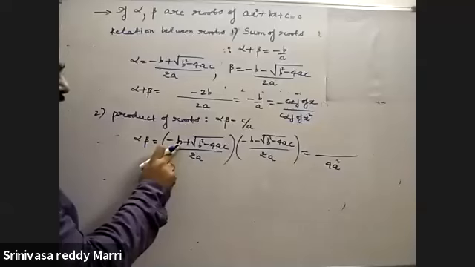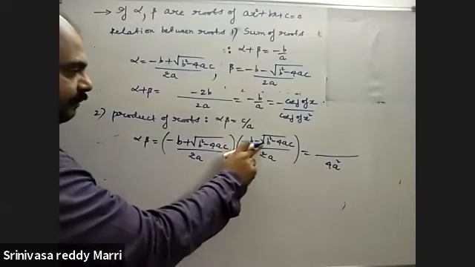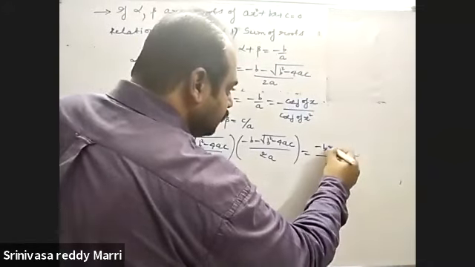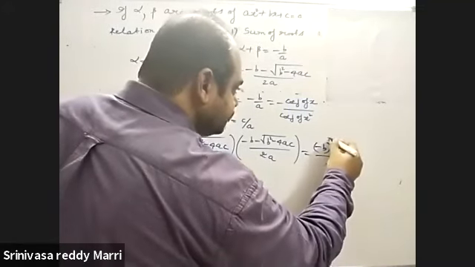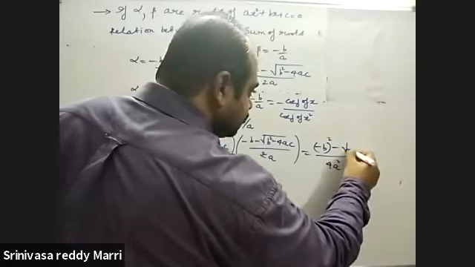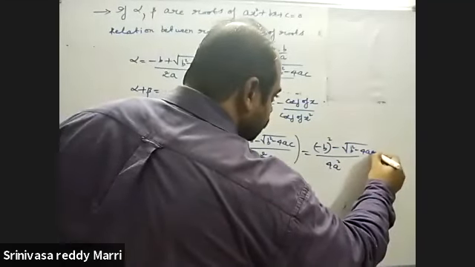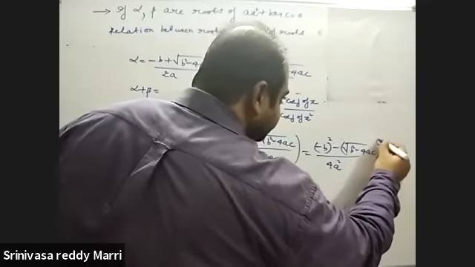The numerator is of the form a plus b into a minus b, which is a square minus b square. That means minus b square minus the whole square of root of b square minus 4ac.